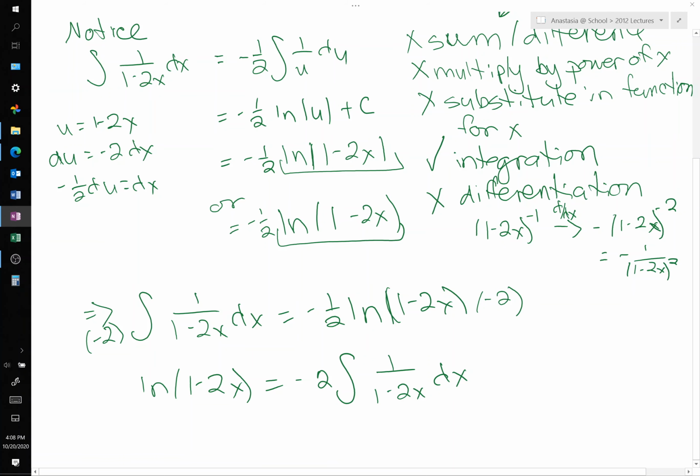dx. Now the reason why we did that is, we have a power series for 1 over 1 minus 2x. We know how to integrate a power series.